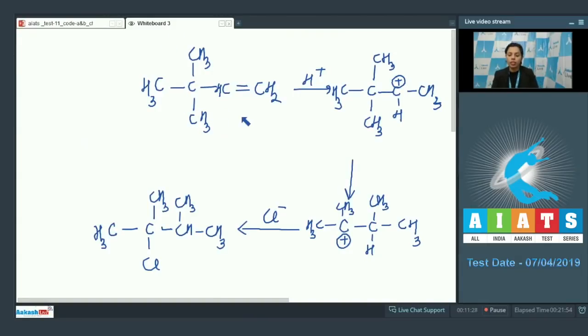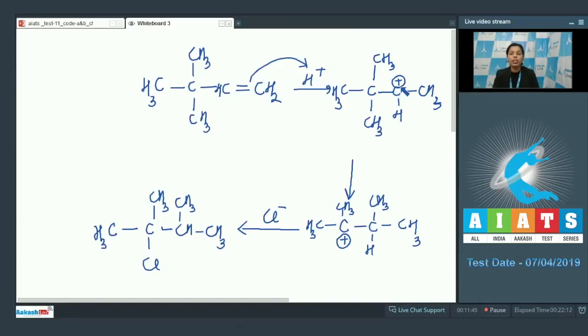We have the same compound given here. H plus ion from the acid is attacking this. So, this H plus ion is attacked by one of the carbons, and there is the formation of a carbocation. Now, if you look, this carbocation is comparatively less stable.